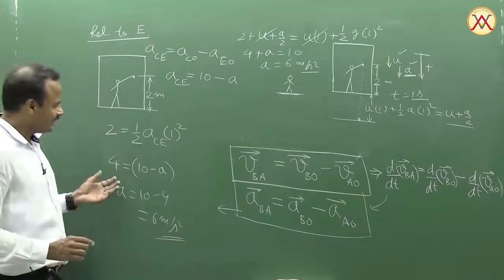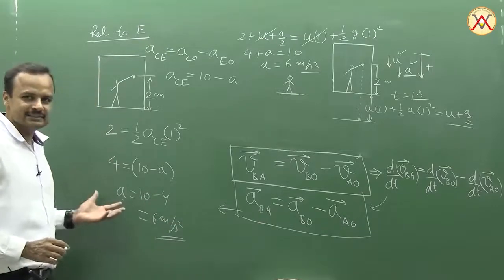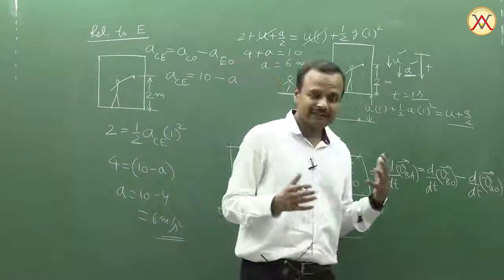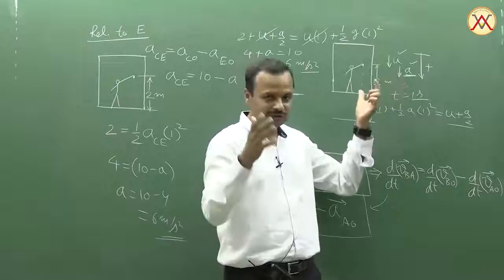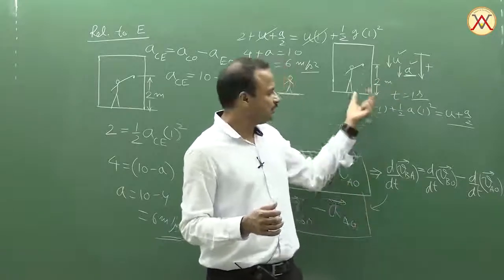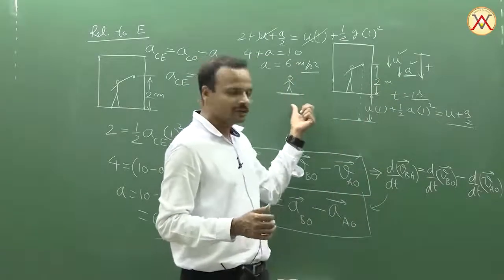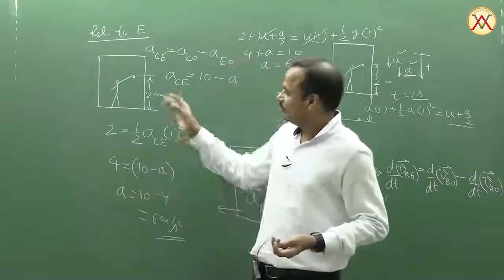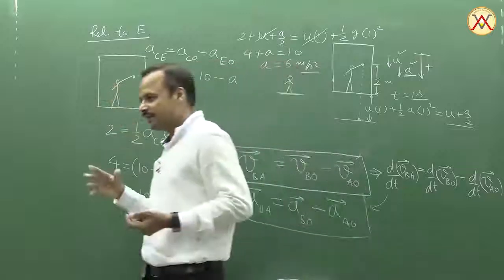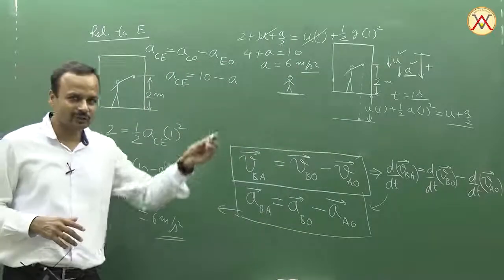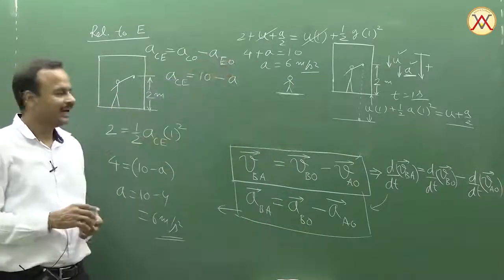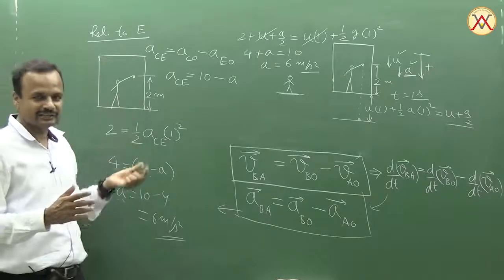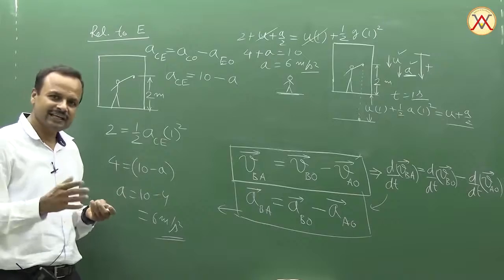And you can see that this method is easier because you don't have to involve u at all here. In the ground frame, the initial velocity of the elevator also comes into the picture because you are observing the motion in the ground frame, so in the calculation u also appears. But when you are solving this problem with respect to the elevator itself, the initial velocity doesn't appear, because the velocity of the coin and the observer, which is the person in the elevator itself, is the same at the initial moment.